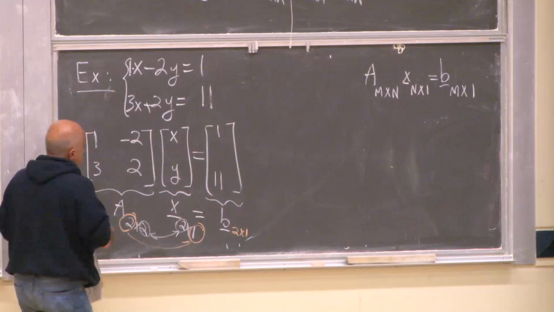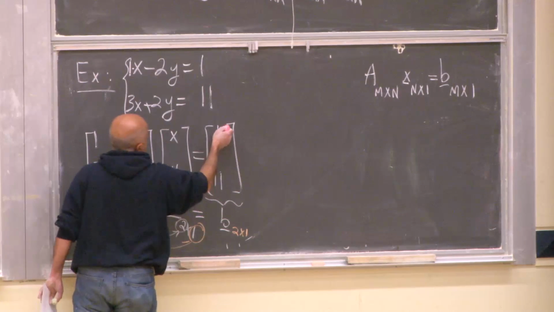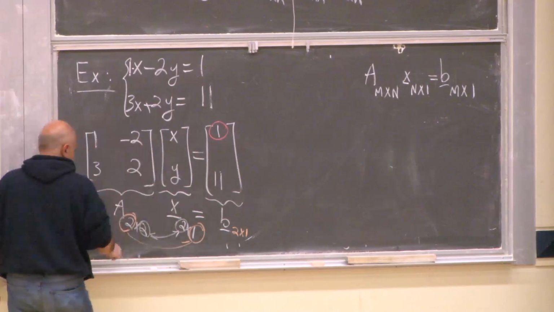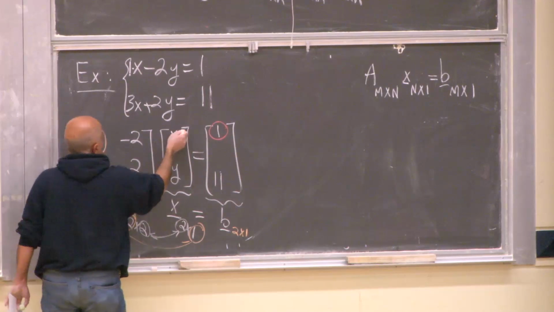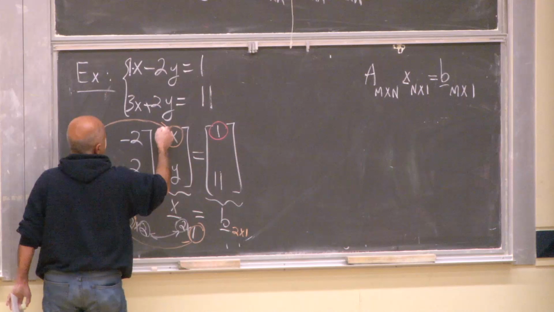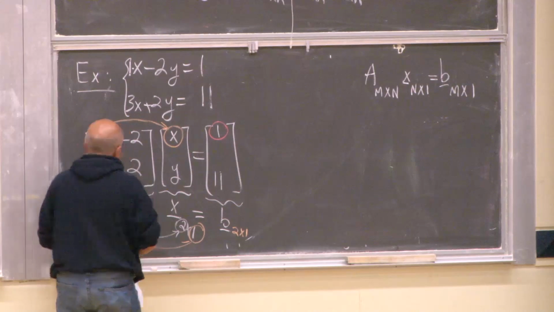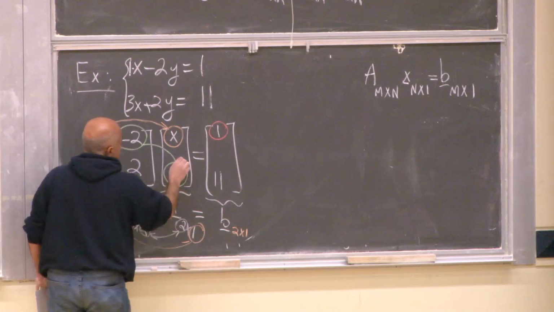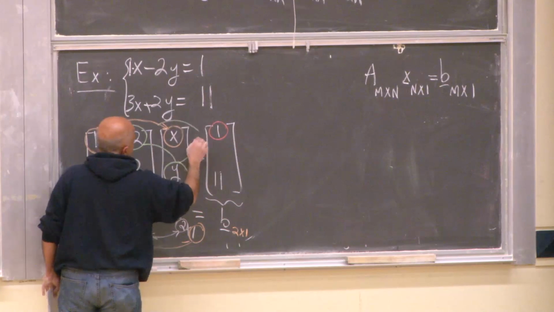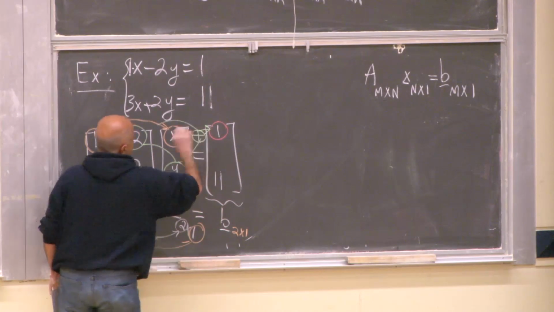Now, 1 on the right side is obtained by multiplying this 1 by x, this minus 2 by y, and adding them to produce that 1.